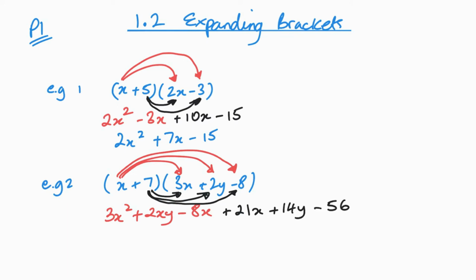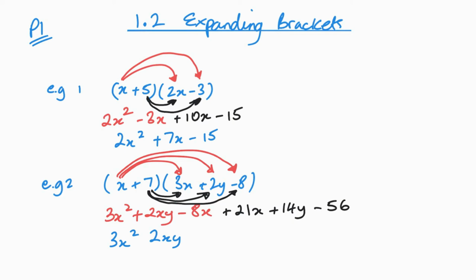And then all I want to do is collect my like terms, so simplifying where possible. So we've got 3x squared, it's the only x squared there. We've got 2xy, we've got the minus 8x and the plus 21x.